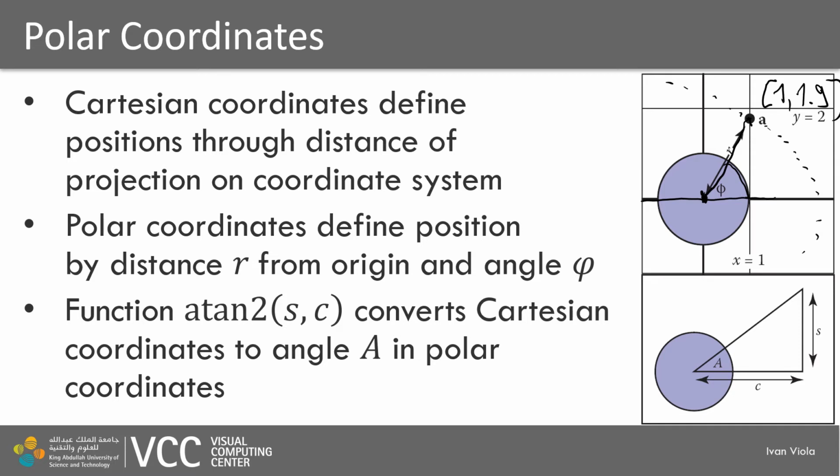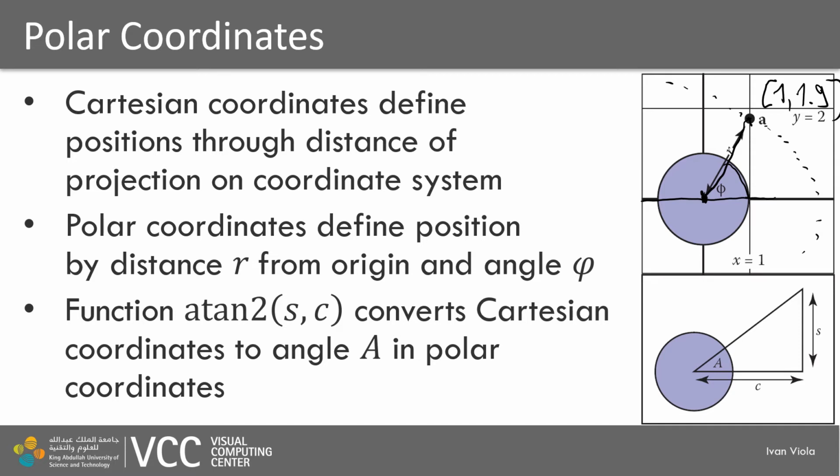There could be more. Sometimes we are interested in transforming coordinates from one coordinate system to another, from Cartesian coordinates to polar coordinates. So, if we have the Cartesian coordinates defined, how do we define the polar coordinates?